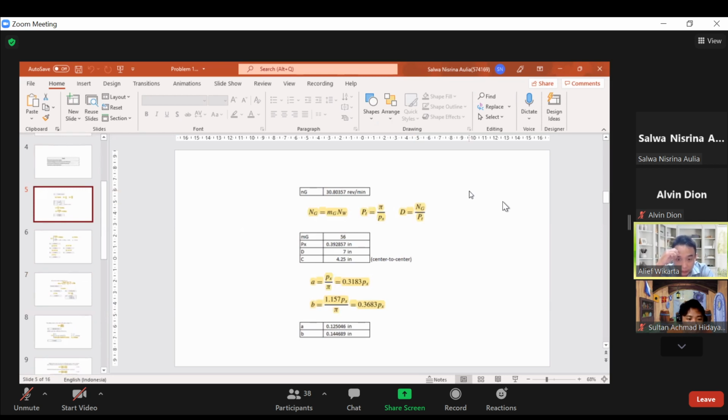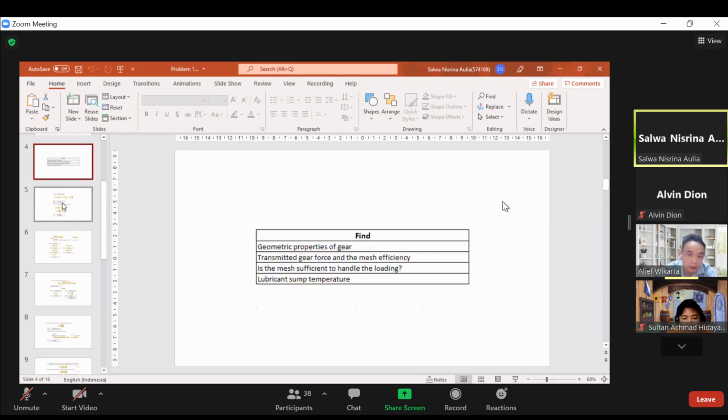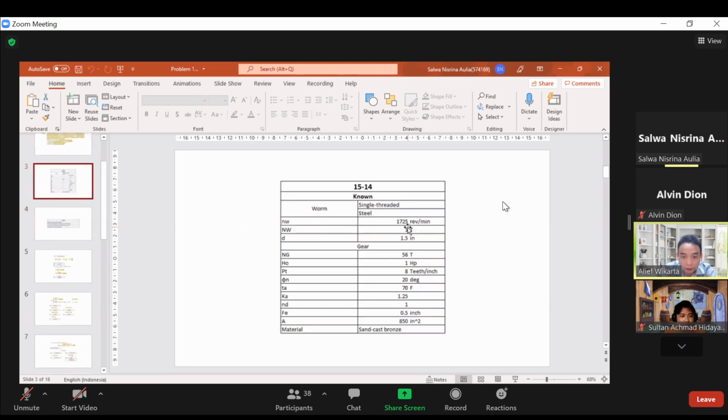The velocity. This velocity, sir. Yes, Ng is 330 something. How about Nw? Nw is the worm rotation. This is, sir. Oh, 1725.